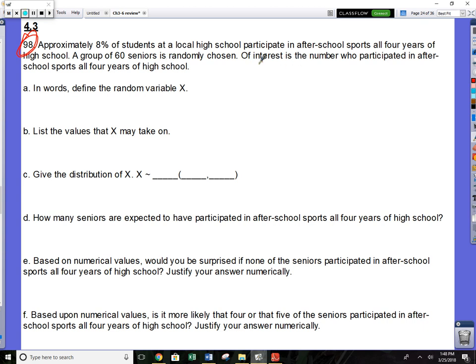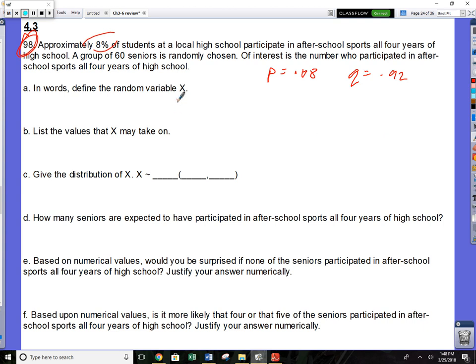Of interest, so this is going to be our P, is the number who participated in after-school sports all 4 years. So this is what we're talking about, and that looks like the P is 8%. So P is 0.08. That means Q is the majority of the kids, and that's going to be 0.92.